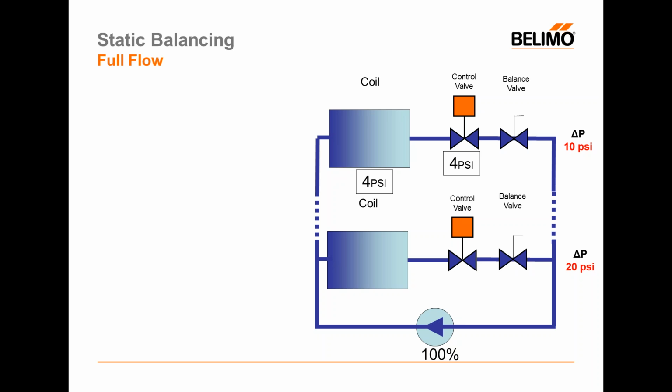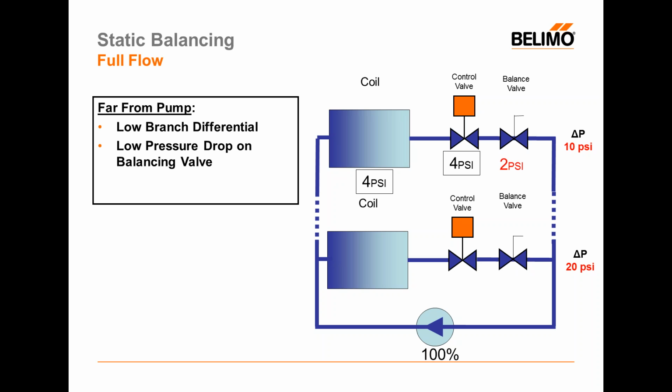Then we're going to adjust the balancing valve till all the flows work out correctly. When we do that, we will see a 2 psi pressure drop on the balancing valve. So 4 plus 4 plus 2 gives us the 10 psi that we see on the right-hand side. So far away from the pump, we have relatively low branch differential, and so we have relatively low pressure drop on my balancing valve.